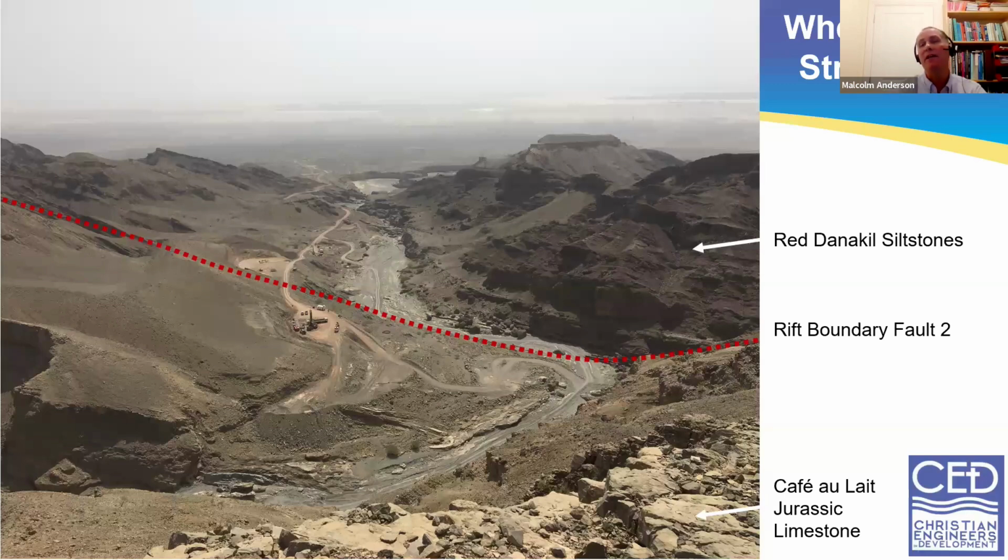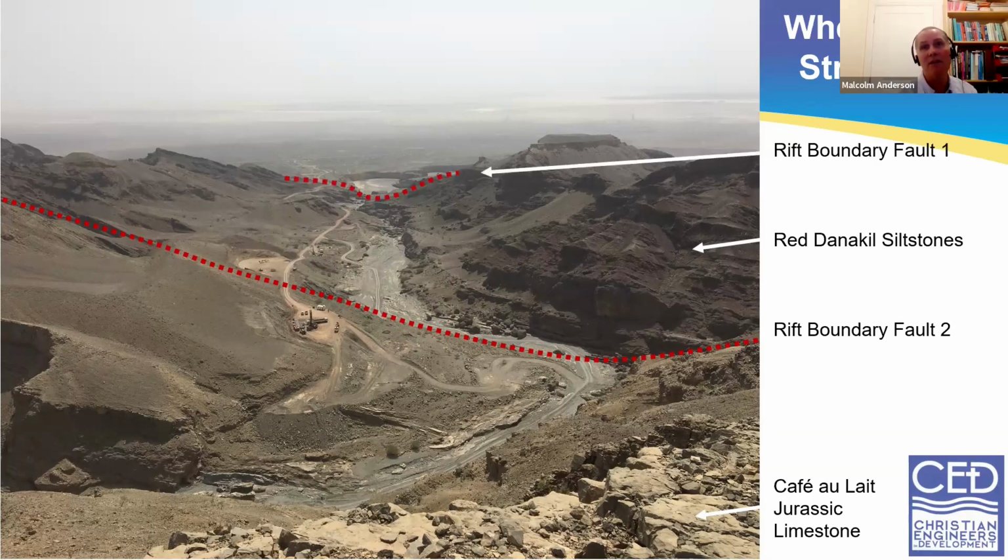The Danakil is quite a lot younger than the Jurassic, yet it's at the same level, if not lower, which tells us that the red dotted line is a boundary fault, in this context a rift boundary fault, and the throw on that is at least 200 meters. We can do the same at the far end of the Danakil, much the same throw, about 200 meters or so. That's because rift boundary faults are very rarely a single fault, which is how they're typically shown on a map because of the scale of the map. It's actually a whole series of them lined up, running down into the rift.